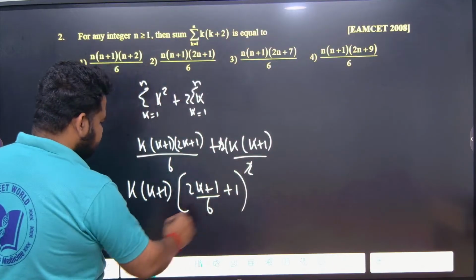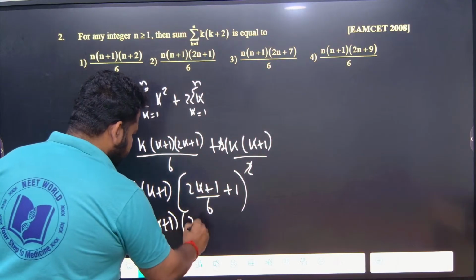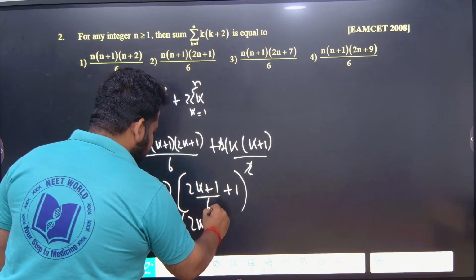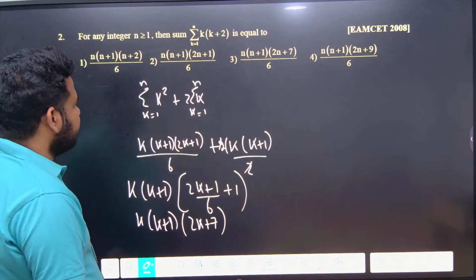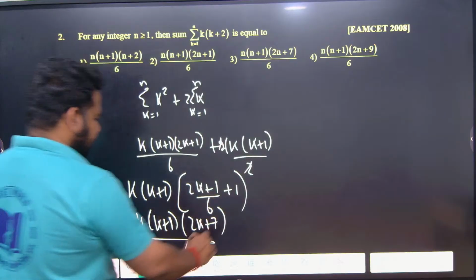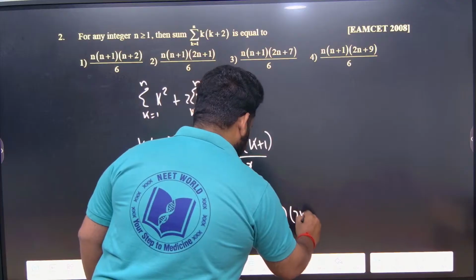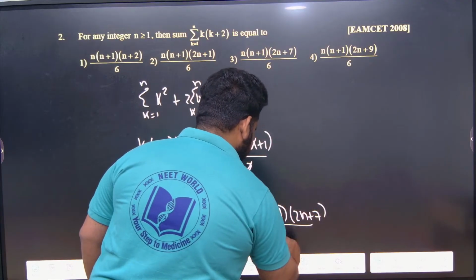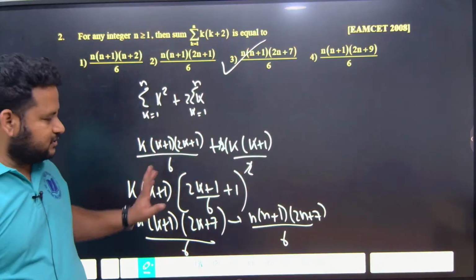Okay, so if I take the LCM, I will have k into k plus 1 into 2k plus 1 plus 6 plus 1, 7. So that is nothing but k into k plus 1 divided by 6. So instead of k, if I put n, I will have n into n plus 1 into 2n plus 7 divided by 6. That is nothing but the third option. Clear, friends? This is how we can solve this question.